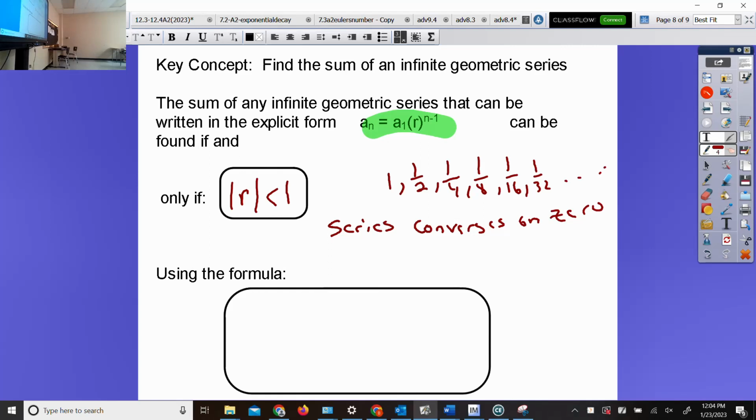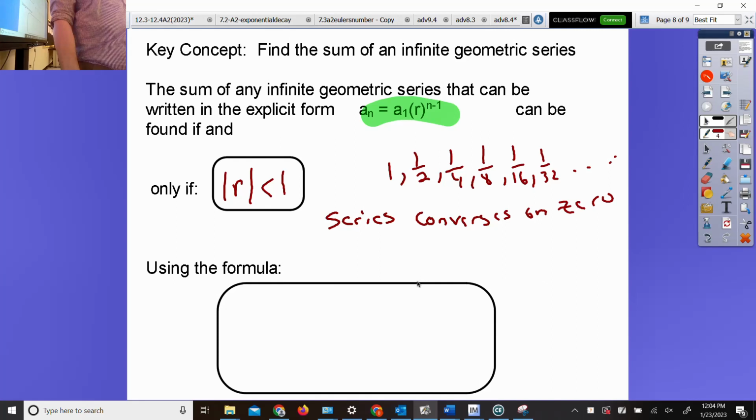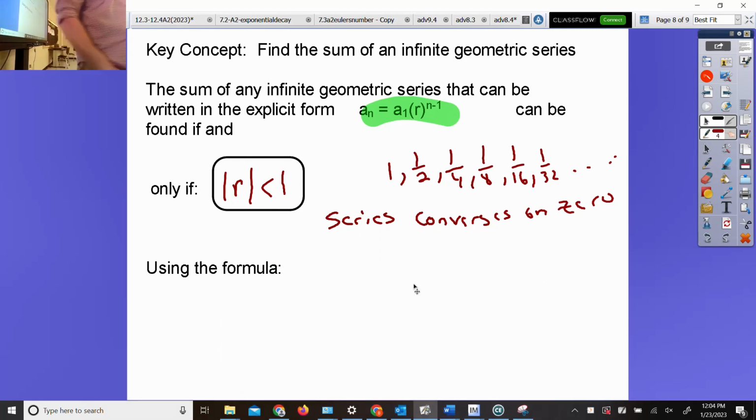If you care, I could actually show you the proof of why this formula works, but you'd have to do that one-on-one with me. I'm not going to try and teach a whole bunch of kids a little bit of calculus where I can show you this thing is true. Converges on 0.